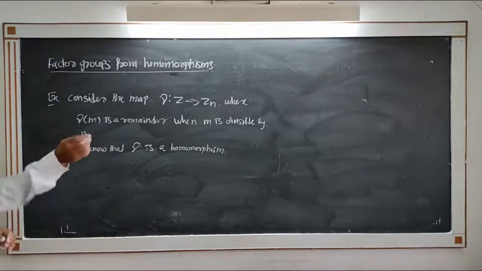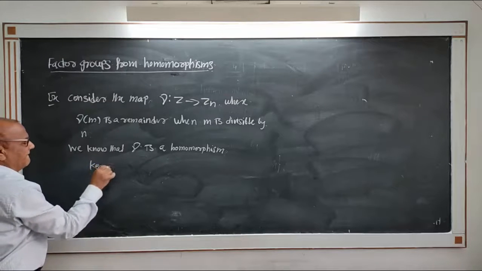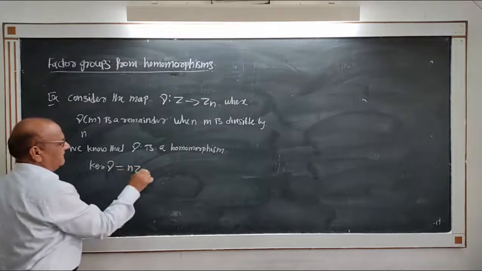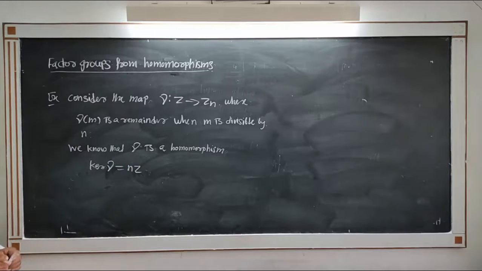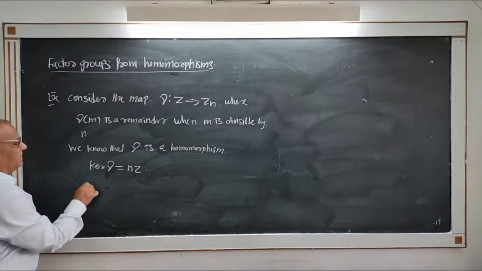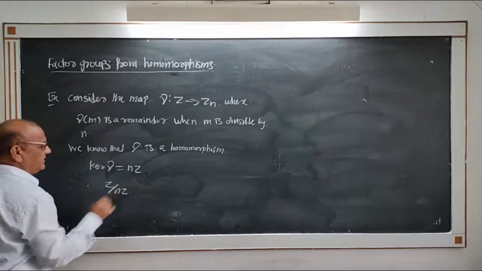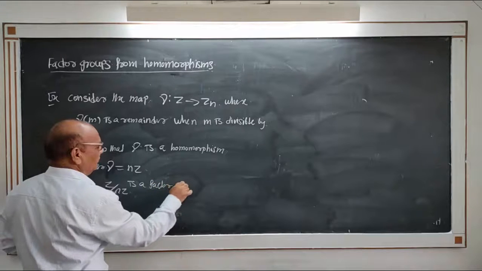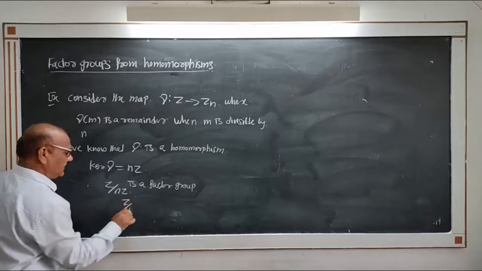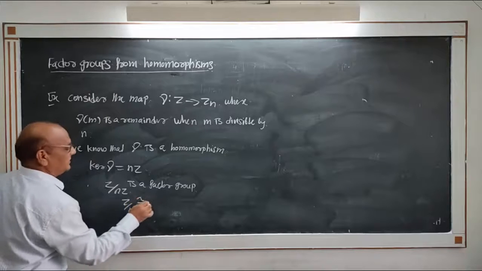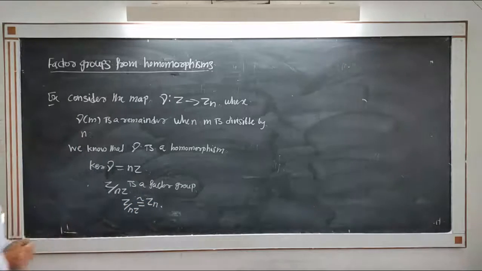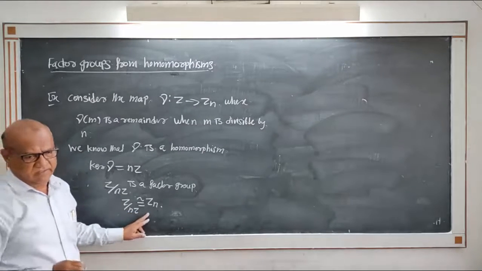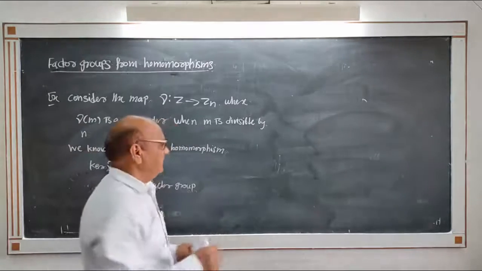Now the kernel of gamma is nZ, and therefore Z by nZ is a factor group, and it is isomorphic to Zn.